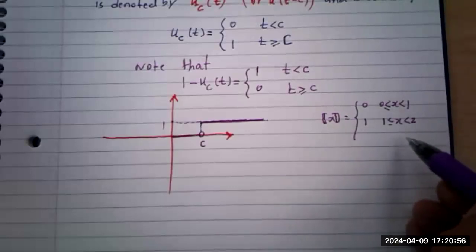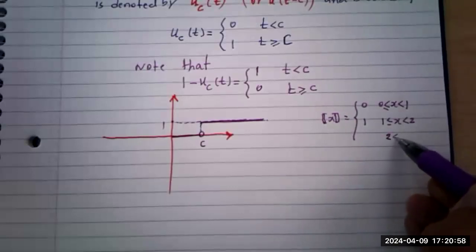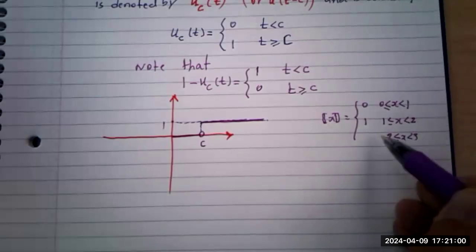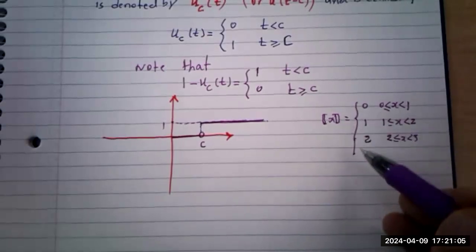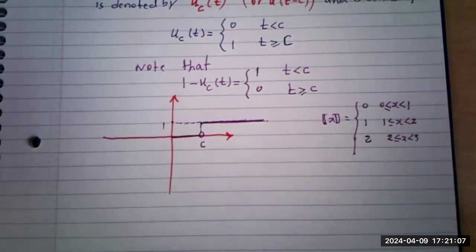And then you continue, and that gives you 2. So 0, 1, 2, 3, 4, 5, 6. So if you graph it, it's going to be like you have here. You have these steps, stairs, if you like. And this is the way we think about those types of functions in Calculus 1.